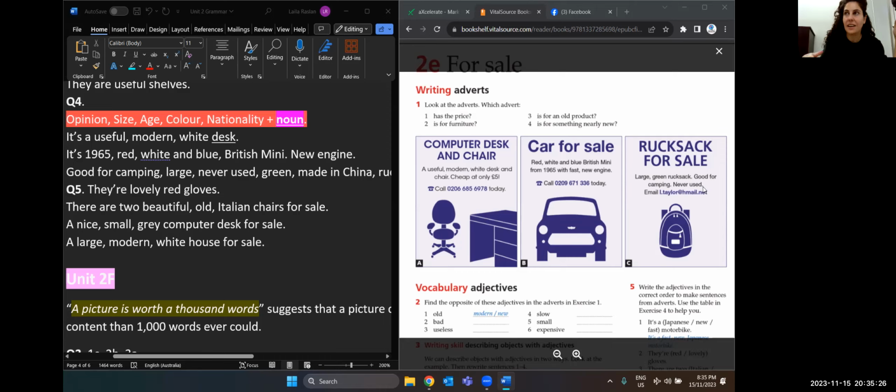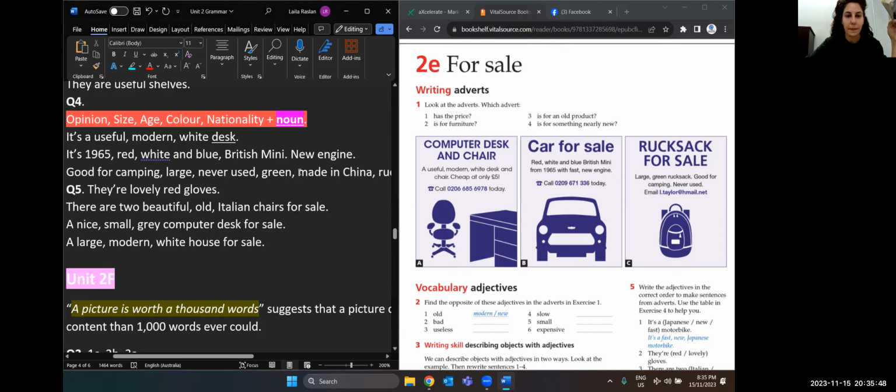Another word is not used, yeah. So never used. Do we have a color? Green. Do we have a nationality? Yeah, exactly.